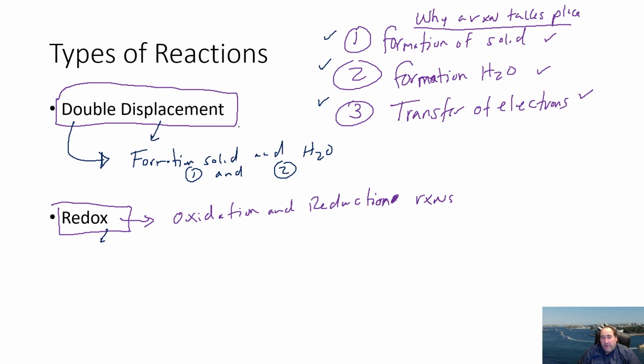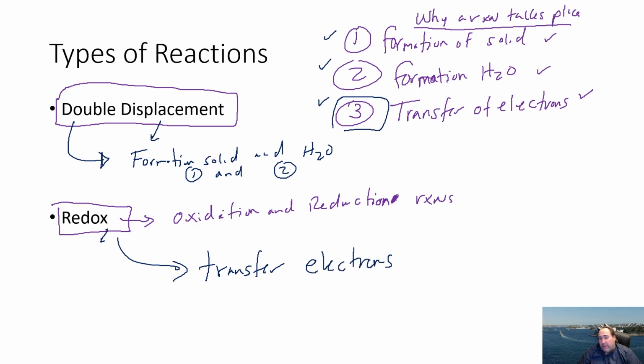The other reason why a reaction takes place is our transfer of electrons, and that is pretty much all about redox reactions. So redox reactions, as we will talk about, is all about transferring of electrons. And between these two big categories of reactions, it almost pretty much covers all the reasons why any reaction takes place.